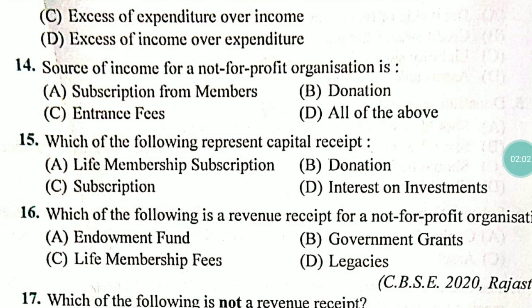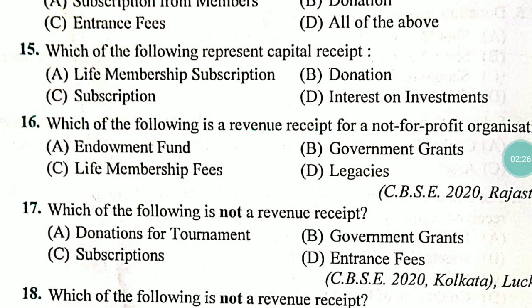This is right, and so are donations and entrance fees. A not-for-profit organization earns from donations, from subscriptions, from entrance fees. All these options are right. So option D is the right answer because these are the sources of income of a not-for-profit organization.